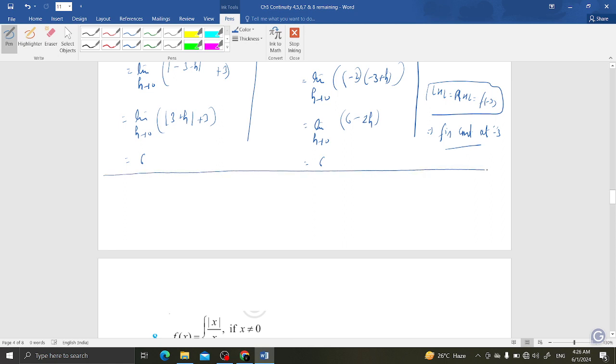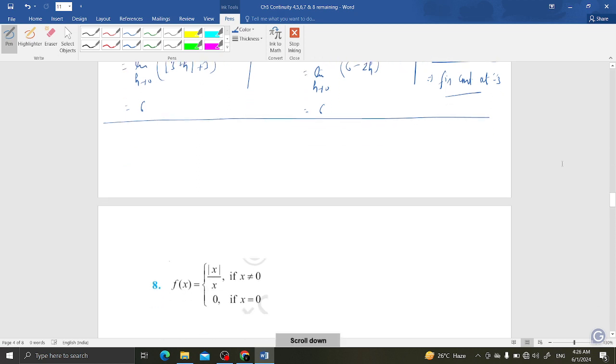Now the same procedure we need to follow for 3 also. The right part, that is for greater than 3, you need to do. Now the third part, in between minus 3 and 3, it is a very lengthy question. In between minus 3 and 3, how can we proceed?